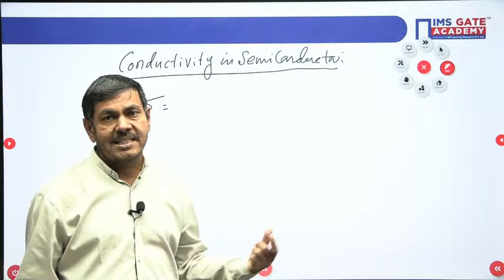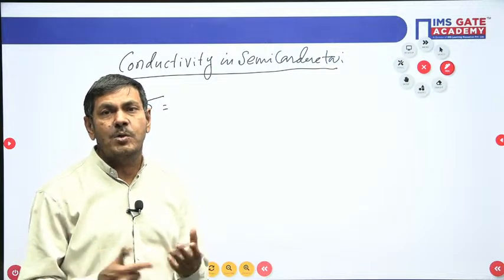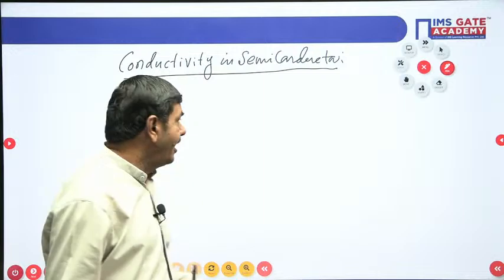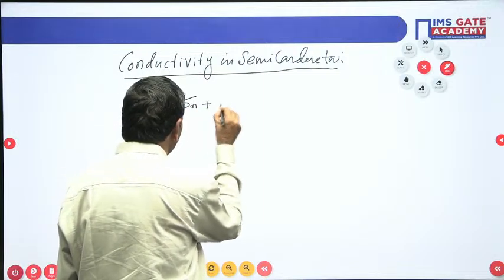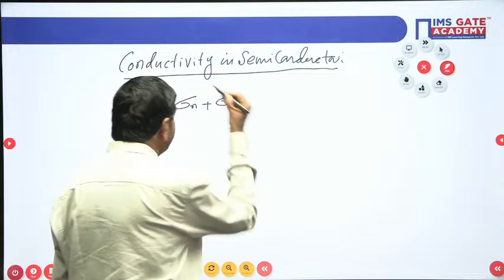Sigma n plus sigma p equals sigma. I wish to write sigma equals sigma n plus sigma p.